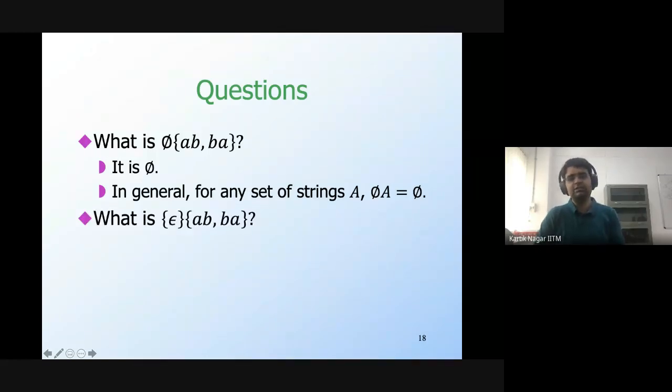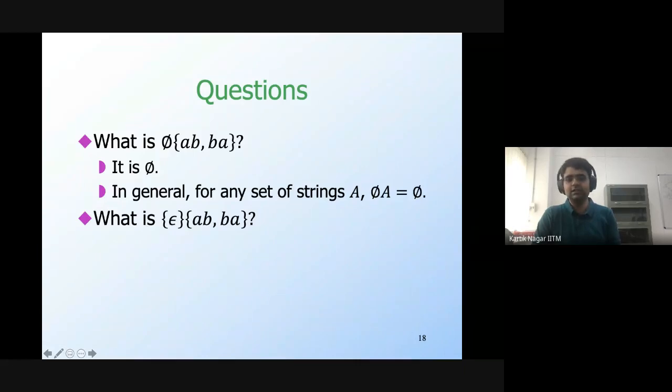Okay, let's look at this question. Now I'm trying to concatenate these two sets, where the first set contains the empty string, which is epsilon, and the second set contains AB, BA. What would be the concatenation of these two sets? A number of you are saying it would be AB, BA, which is the second set.